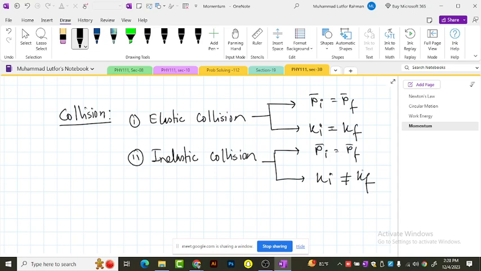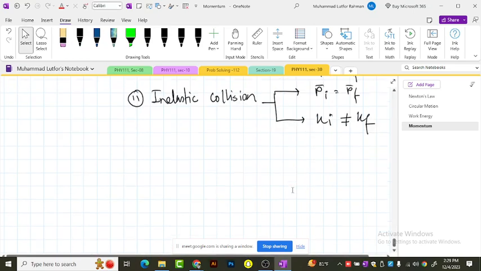That's why kinetic energy is not conserved. Most collisions we face in real life are inelastic, and an elastic collision is possible only in a laboratory system, where there is no loss of energy from the system.